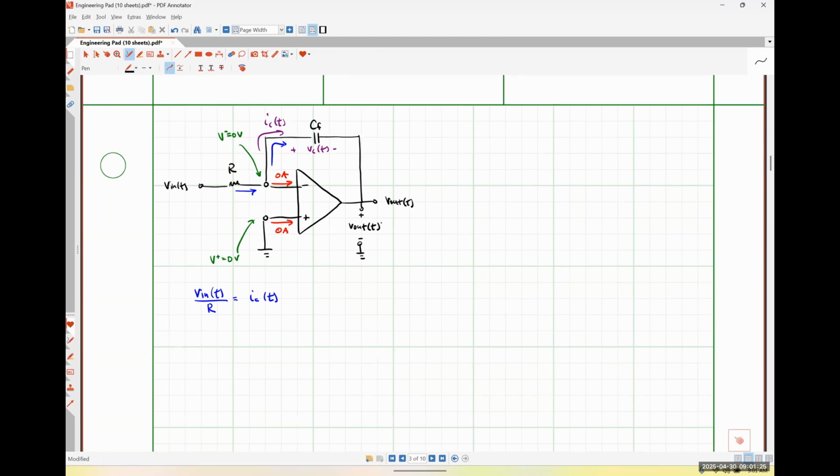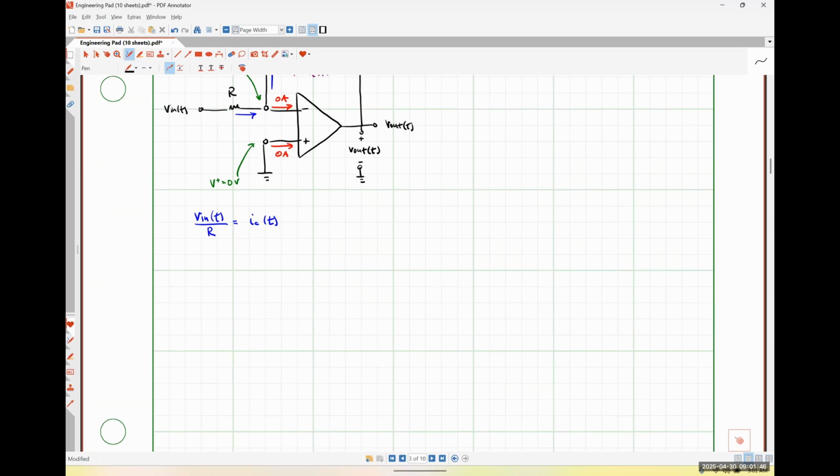I see that the negative polarity terminal of Vout is at ground, and the positive polarity terminal of VC is at ground. So to me, that means that these two voltages are equal and opposite to each other because they have the opposite polarity. Positive and negative are connected together on both sides.